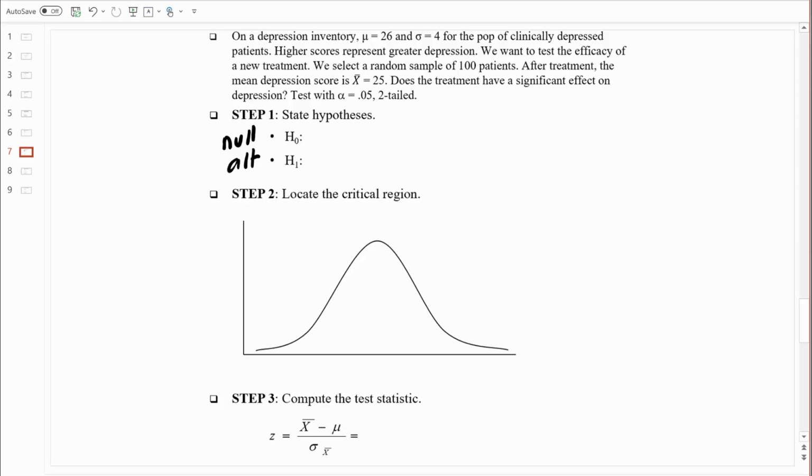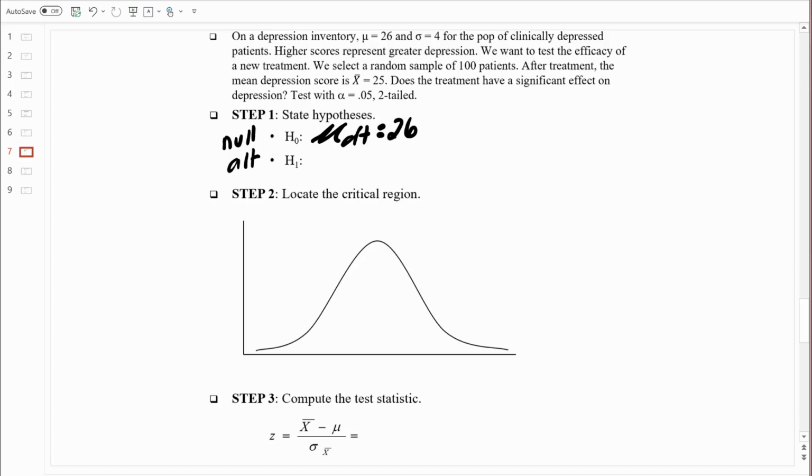So that's the value we are hypothesizing about. The population mean depression score, that's what mu stands for, for the treated people, T. Based on the null hypothesis, the population mean depression score for the treated people is exactly equal to the population mean depression score for the untreated people. In other words, it equals 26.